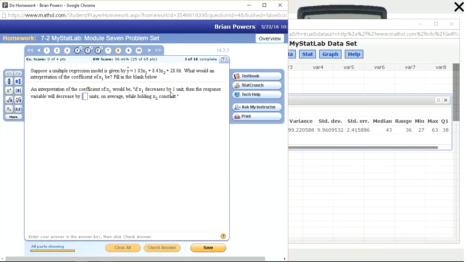If x1 decreases by 1 unit, then the response will decrease by blank units. Well, if x1 increased by 1 unit, we would expect an increase of 1.83 for the response. But if it decreases by 1 unit, we would expect a decrease of 1.83.